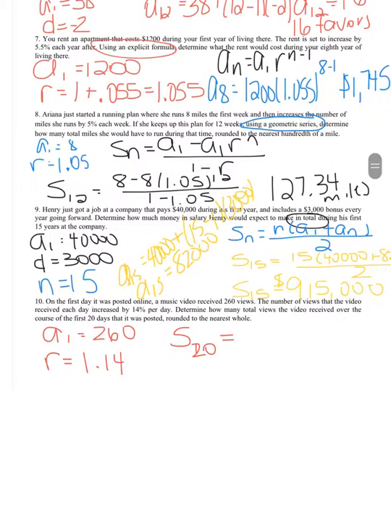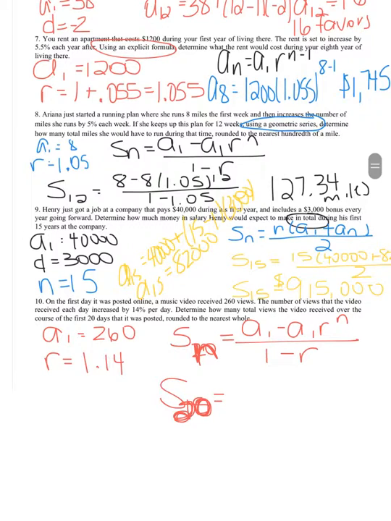This is geometric, so you use that formula, right? A sub 1 minus A sub 1 times R raised to the n divided by 1 minus R. And that's for any series S sub n. So when I plug in to find S sub 20, I don't know why I keep saying 15.